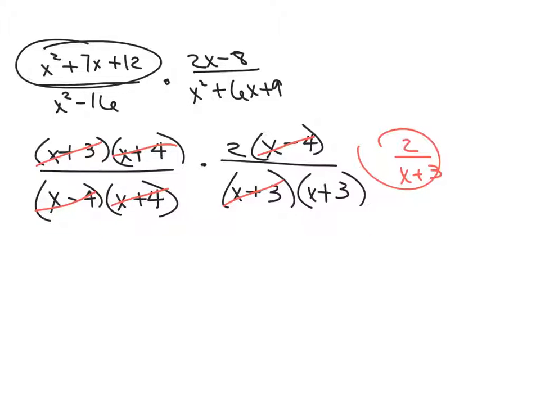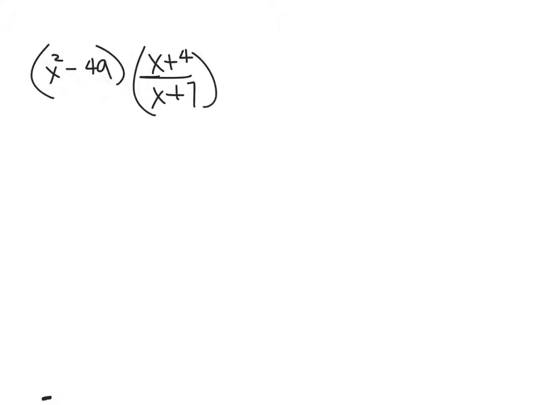Alright, let's look at a couple more examples here, and then we'll be done. So we're going to jump to example number 5. So we have x squared minus 49, and they want us to multiply that by x plus 4 over x plus 7. So actually this is over 1, right?